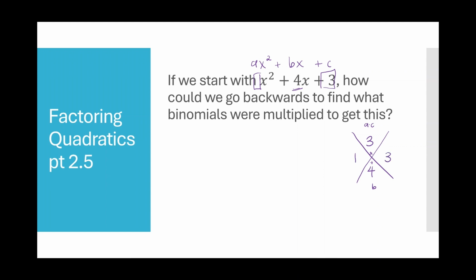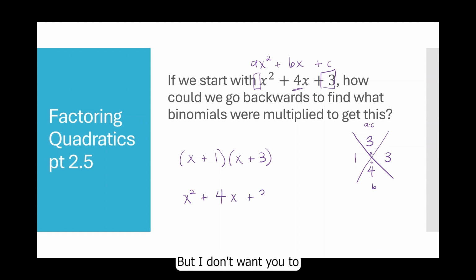And now we can say that x plus 1 times x plus 3 is going to multiply out to our x squared plus 4x plus 3. But I don't want you to get carried away with thinking that this 1 and 3 are always going to pop in quite as easily as they just did. That worked really well because we had a 1 as our a. As we'll see, it will get more complicated.